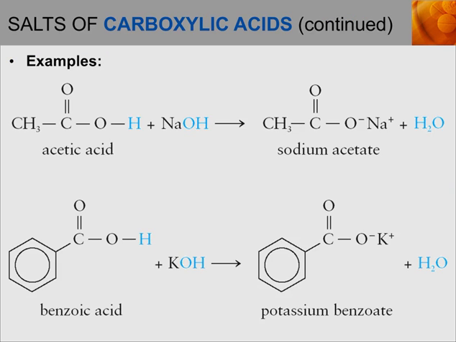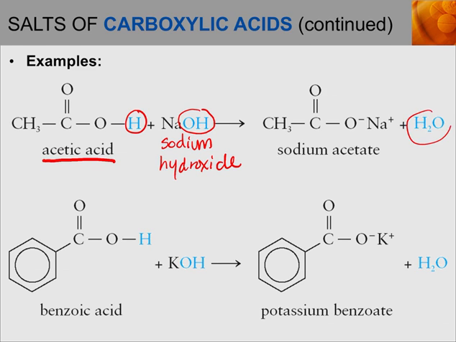Okay, now let's look at some specific examples here. So let's say we have acetic acid, which is vinegar, and we react that with sodium hydroxide. Again, that hydroxide ion will team up with hydrogen to give us water. And then the electrons are going to be left behind on oxygen, so we get that negative charge.